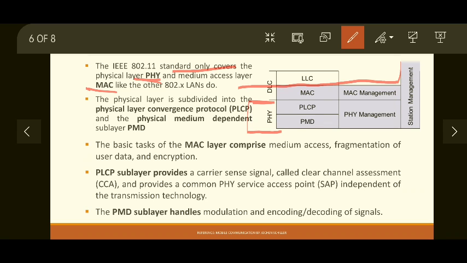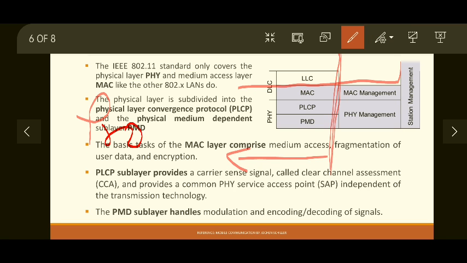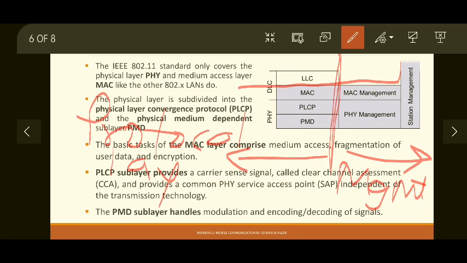Okay, so this protocol stack, which is standardized, is further divided into two parts. Left side of this diagram, let me draw it again. Okay, left side of this, these are protocol layers, and the right side is the management layers. So IEEE defines two types of layers, one is the protocol layer and the second is the management layer.